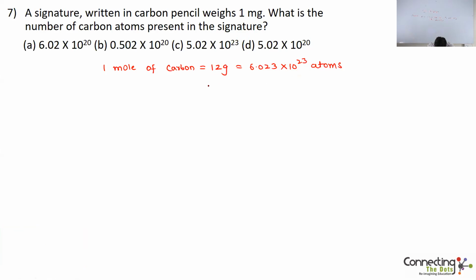So 1 milligram is nothing but 1 times 10 power minus 3 grams. So it is equal to how many atoms? Therefore, 1 times 10 power minus 3 divided by 12 multiplied by 6.023 times 10 power 23. To make it simple, let me round 6.023 to just 6.